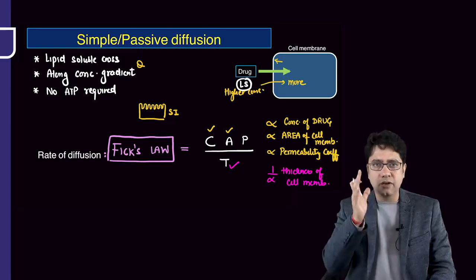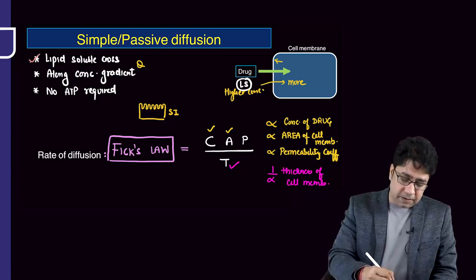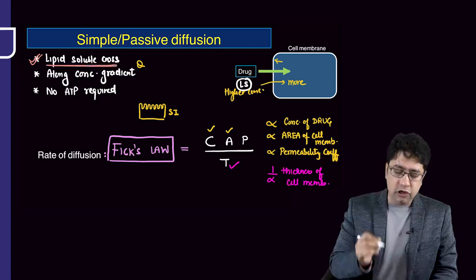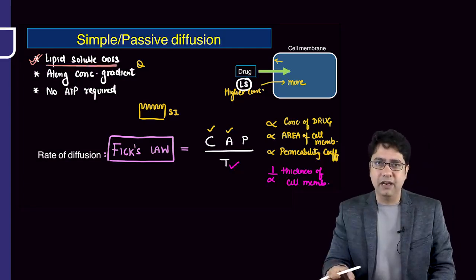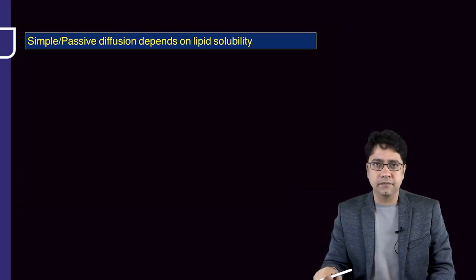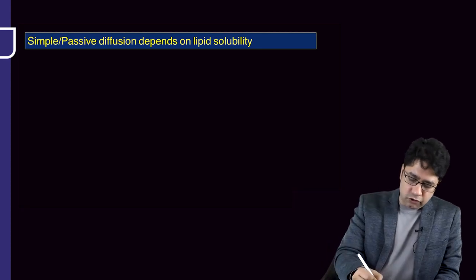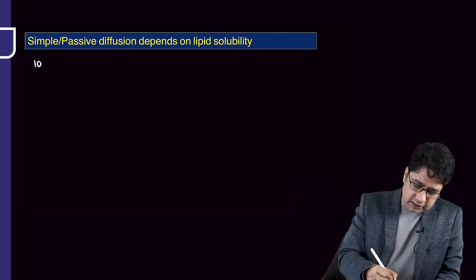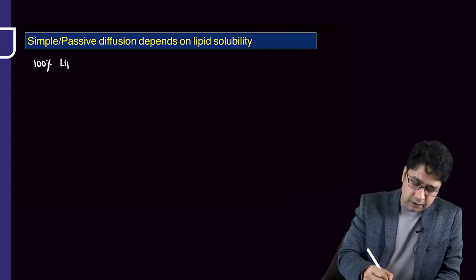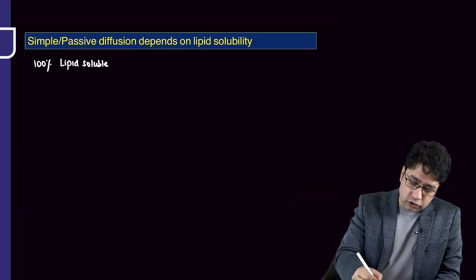Now let's come back to the common basics. I just told you that in simple or passive diffusion, lipid soluble drugs cross the cell membrane. So let's understand this concept again in greater detail. Simple diffusion depends upon lipid solubility. So let's assume there is a drug which is 100% lipid soluble. Now remember, lipid soluble drugs are also known as non-polar drugs.